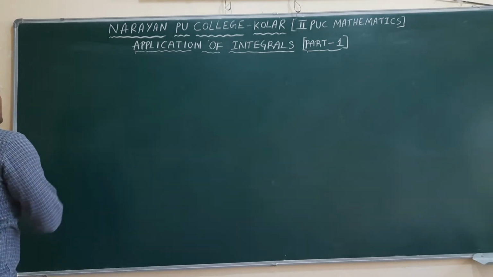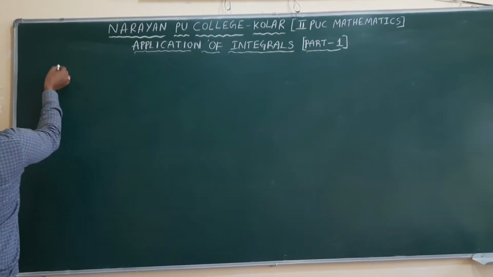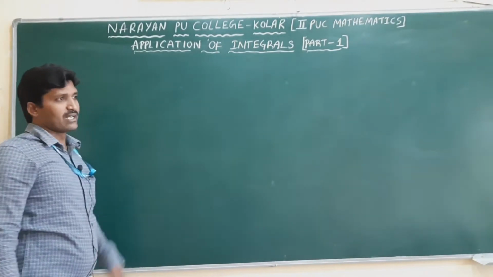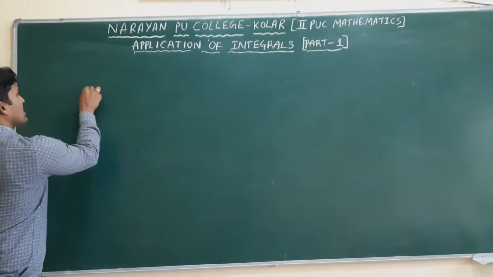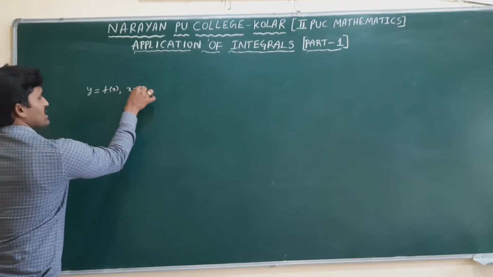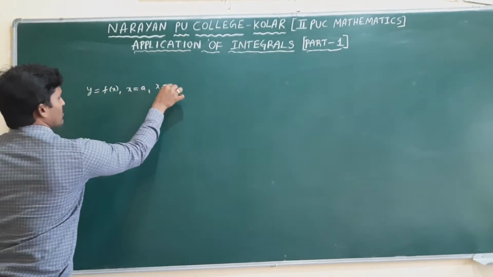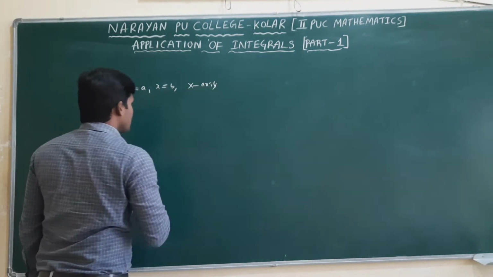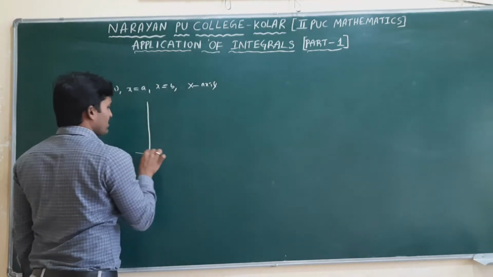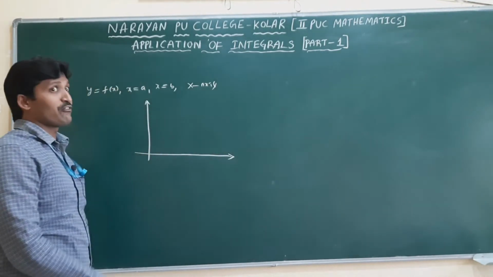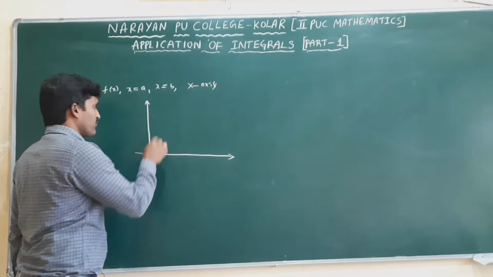Now, how to evaluate this area? Already we learned some basic concepts in the fundamental theorem of integral calculus. There, the curve is y equal to f of x, the ordinates are x equal to a and x equal to b, and we take the positive x axis. Using this given data, we can find the area by using definite integrals, not indefinite integrals.